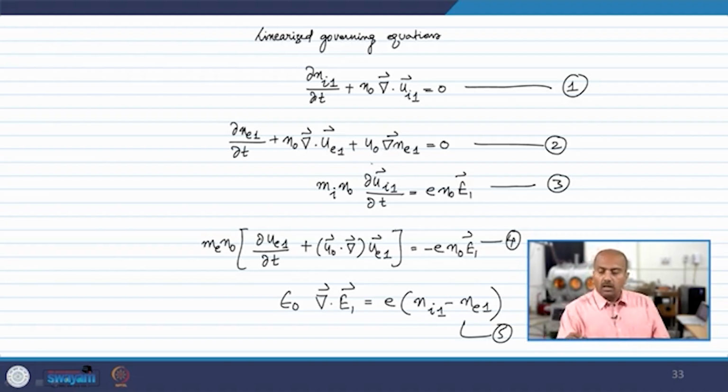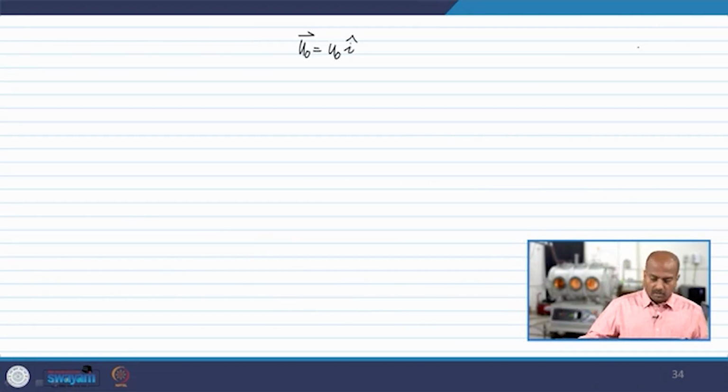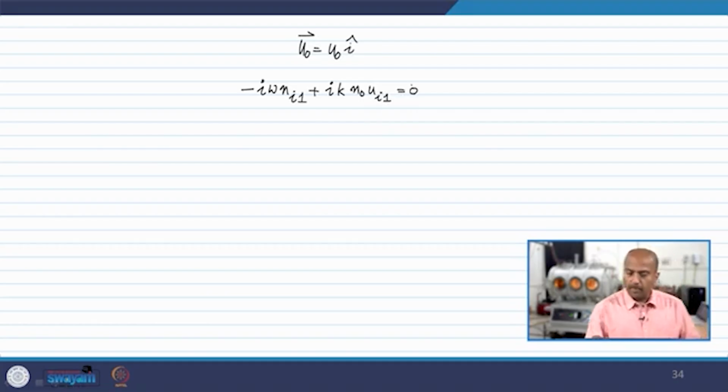So, you take a sinusoidal solution, let us say n_0 e^(i(kx − ωt)), and substitute that back into these equations. Then you will get the linearized equations, which are −iω n_I1 + ik n_0 u_I1 = 0. We will call this equation number 6.